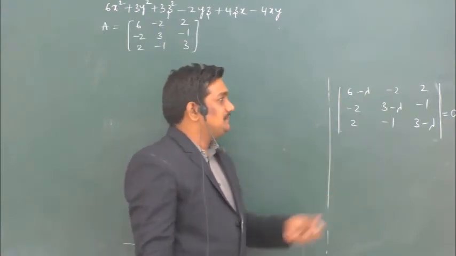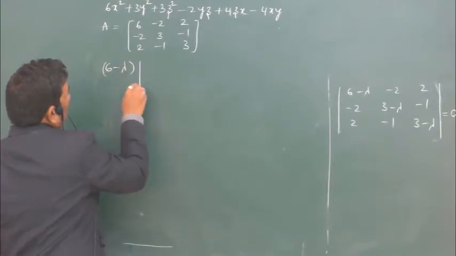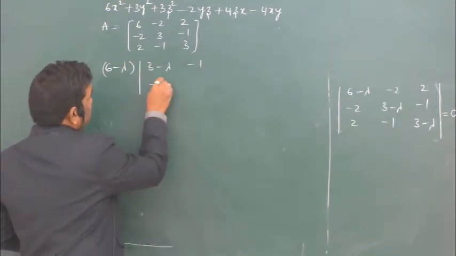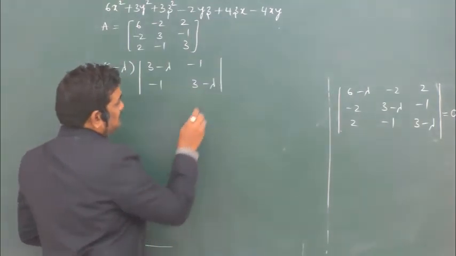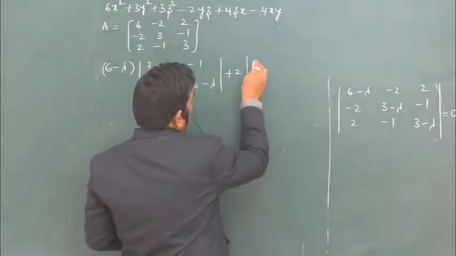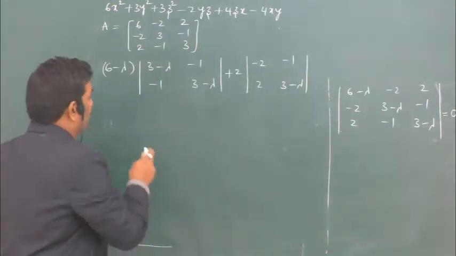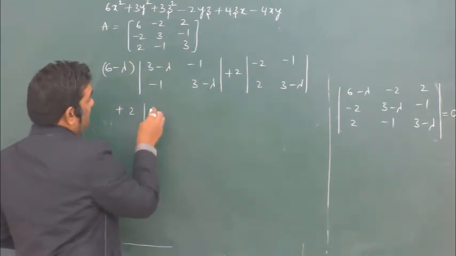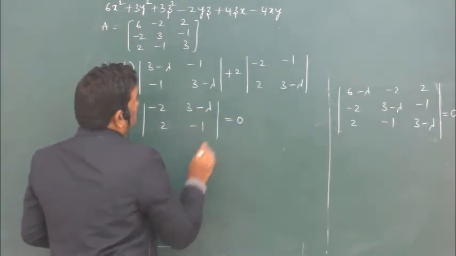It is (6-λ) into [(3-λ)(3-λ) - (-1)(-1)] plus 2 into [minus of (-2)(3-λ) + 2] plus 2 into [(-2)(-1) - 2(3-λ)] equals 0.